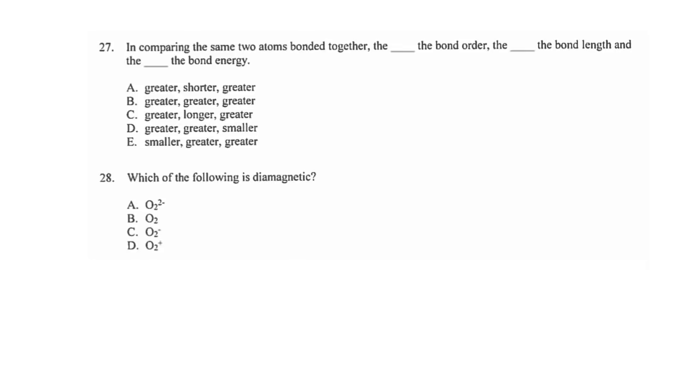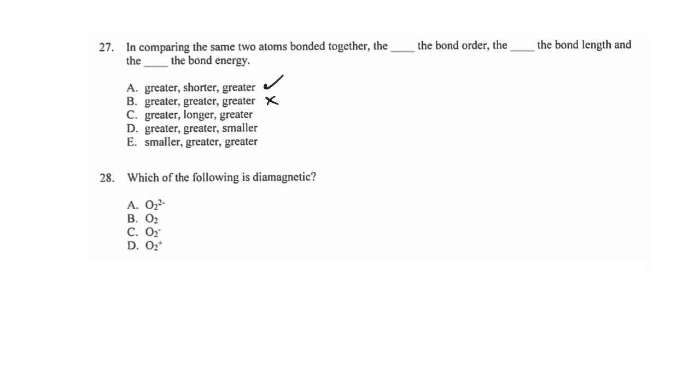In comparing the same two atoms bonded together, the blank the bond order, the blank the bond length, the blank the bond energy. Let's go through them. The greater the bond order, the shorter the bond length, that makes sense, and the greater the bond energy. That sounds about right. Let's go through the others. The greater the bond order, the greater the bond length? That doesn't make any sense.